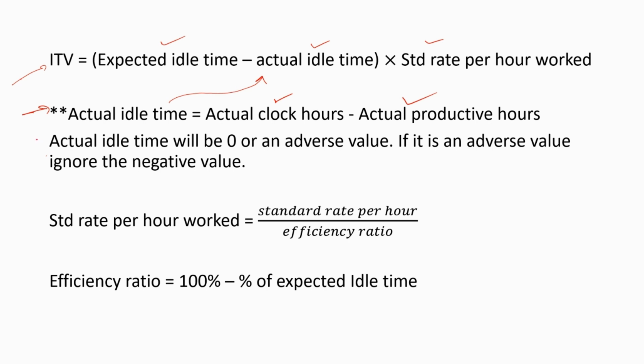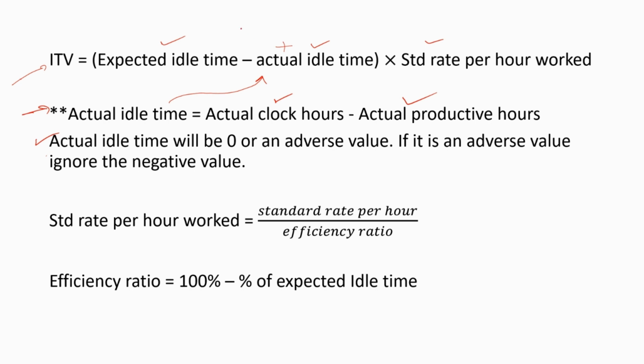Now this is very important. Actual idle time will be 0 or a negative value. If it is an adverse value, ignore the negative sign. As you now know, if it is a negative value, ignore the negative sign and use the positive value here.